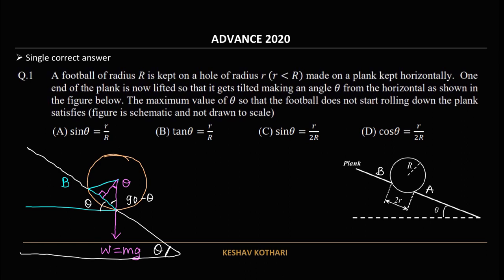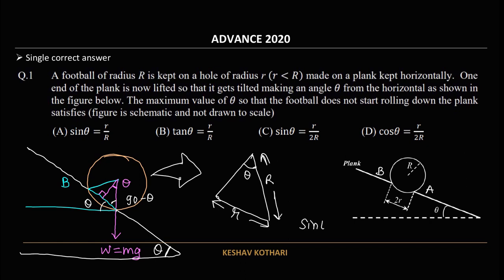So now we can magnify this small triangle and draw it in this way, where this angle is theta, this one is small r, and this one is the radius of the football. So I can say that sine theta is equal to perpendicular by hypotenuse, or small r by capital R. So for the first problem we are going with option A.